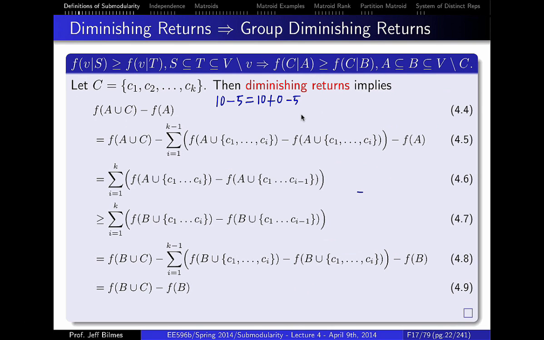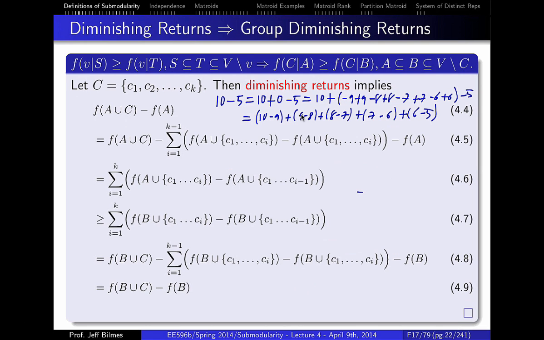And that's equal to 10 plus negative 9 plus 9, negative 8 plus 8, negative 7 plus 7, negative 6 plus 6 minus 5. Then we can just rearrange the terms and write this as equal to 10 minus 9 plus 9 minus 8 plus 8 minus 7 plus 7 minus 6 plus 6 minus 5.